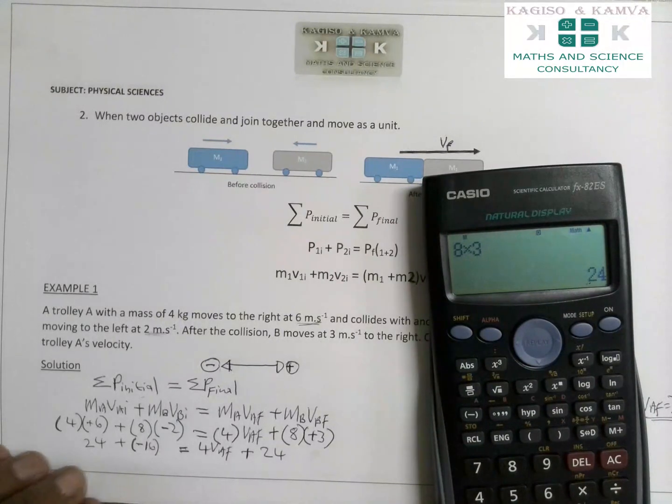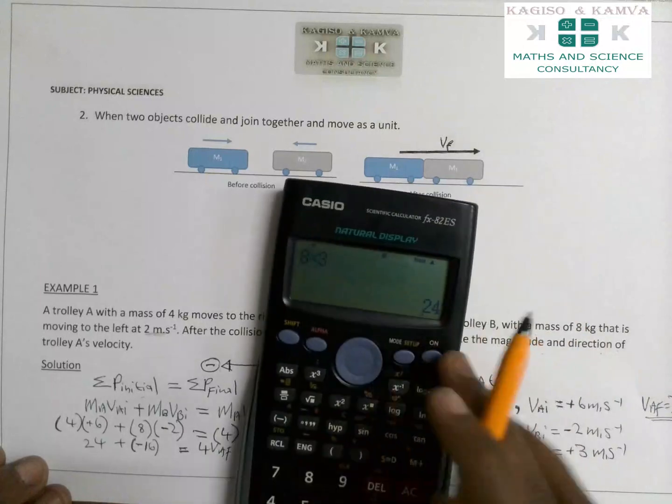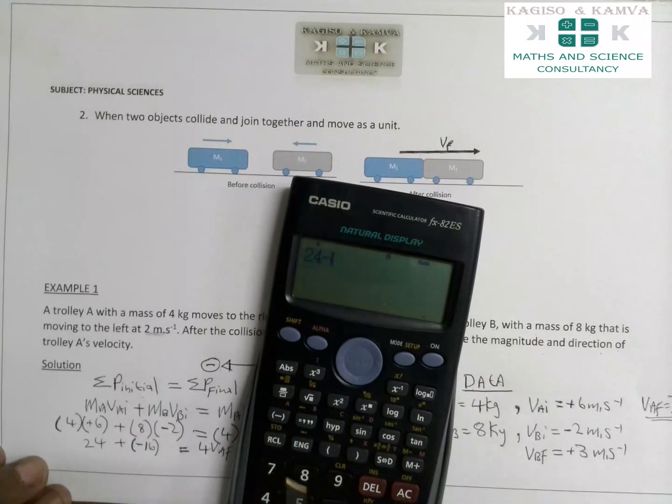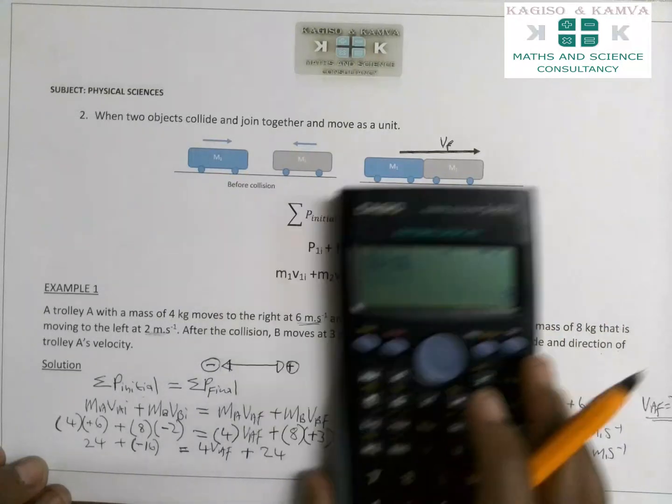And then we transpose this to the other side. That will be 24 minus 16, that is equal to 8.